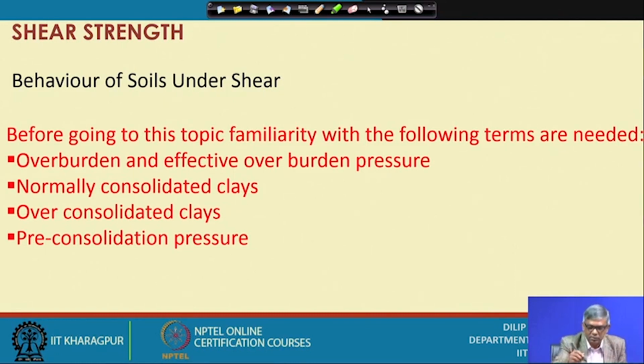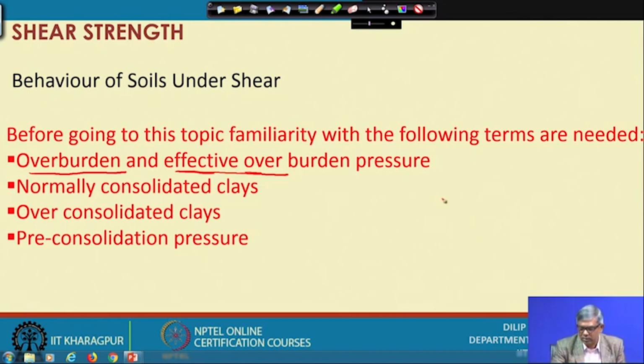You can see that I have written here: overburden and effective overburden. Overburden is, suppose this is the ground and I consider a point here, whatever soil weight is above that point, the pressure it gives here is the overburden pressure.